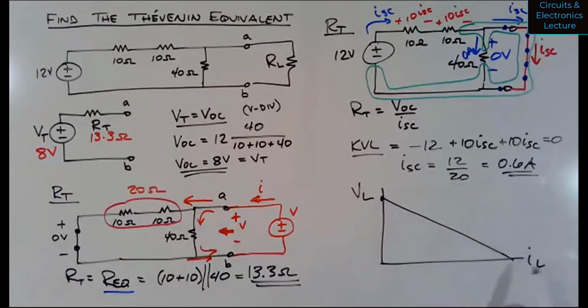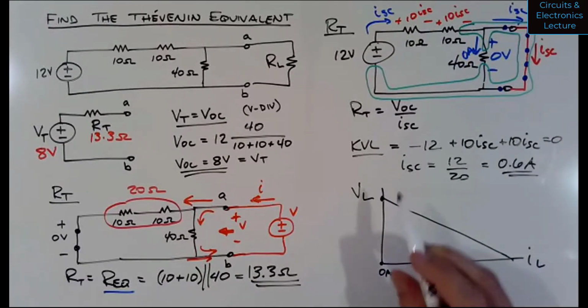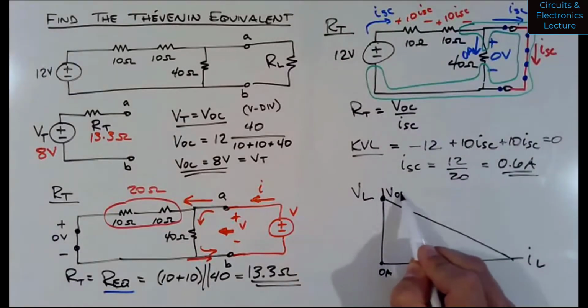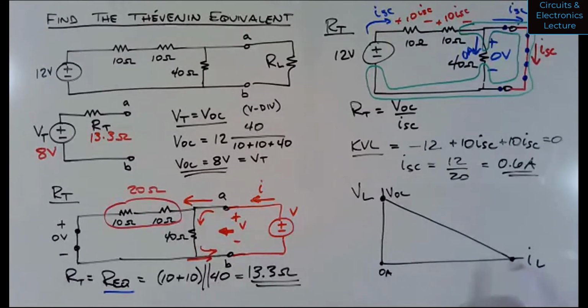Where the current is 0 amps, that is the open circuit voltage, so this would be VOC. And where the voltage is 0, in the upper right, when you apply a short, that's ISC. And then you're finding the slope of that line to figure out RT.